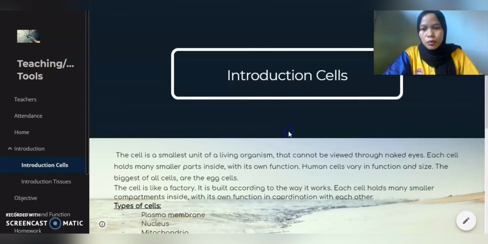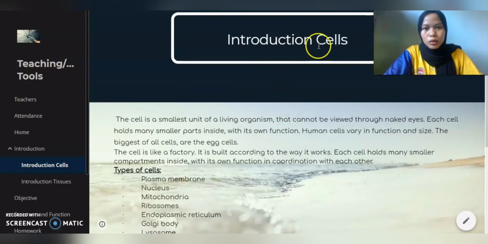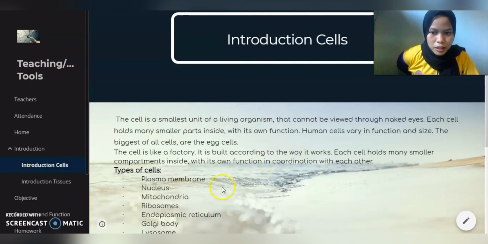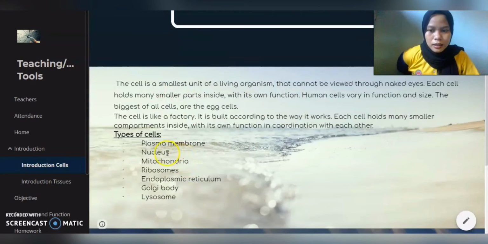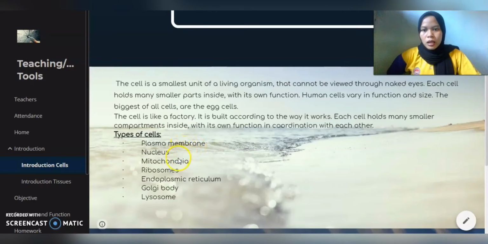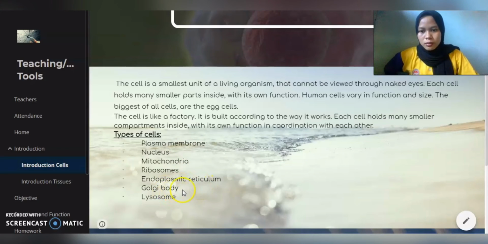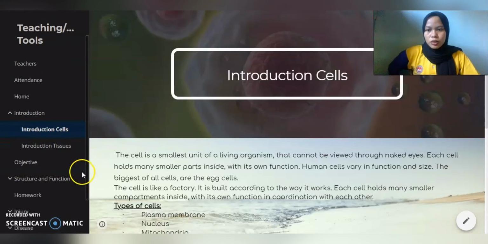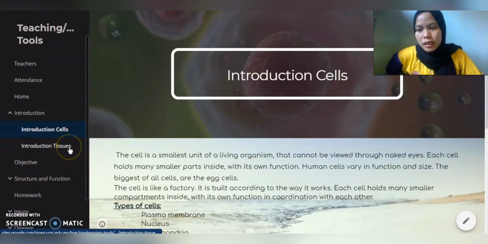Here we can take a look at the introduction of cells. So this is the explanation, and here there are types of cells, which are plasma membrane, nucleus, mitochondria, ribosomes, endoplasmic reticulum, Golgi body, and lysosome. So we go to the introduction of tissues.